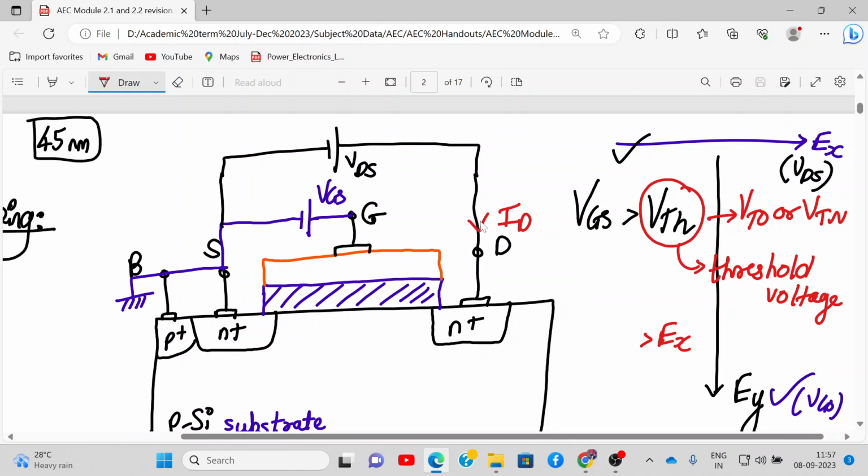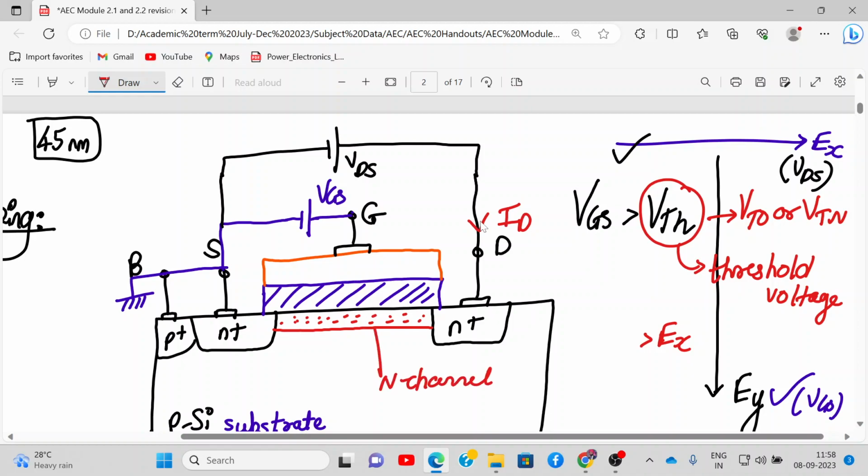So N channel will be formed whenever VGS is greater than VTH. That is the condition. N channel will be formed like this. Inside, I'm not showing the carriers. Let's say these dots are my electrons. So this is my N channel.